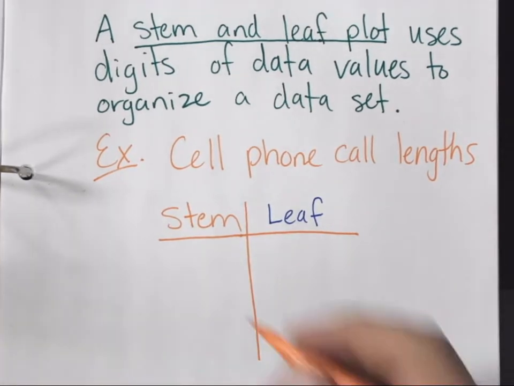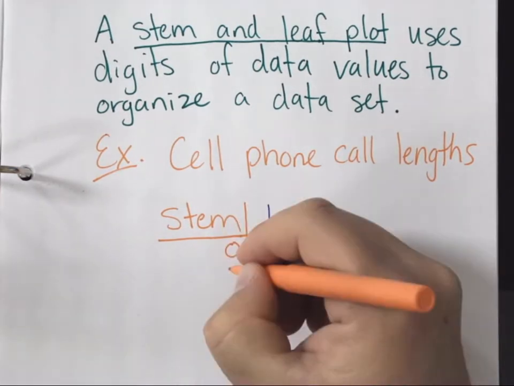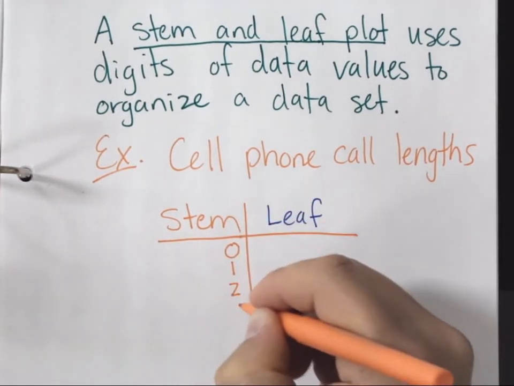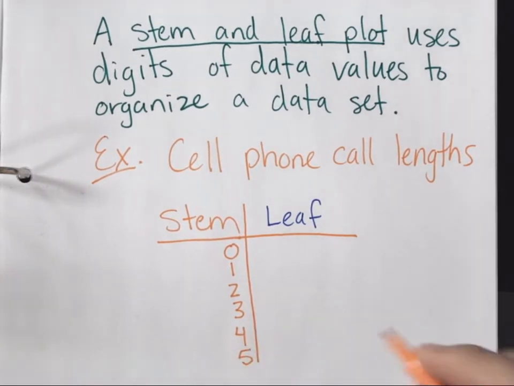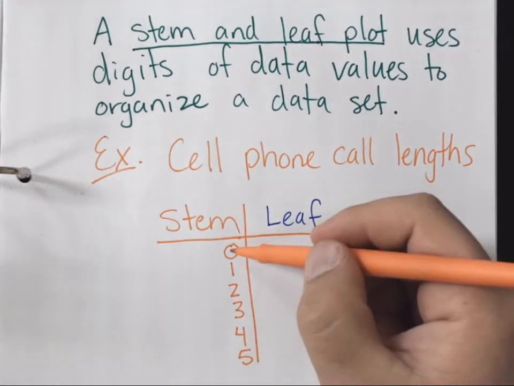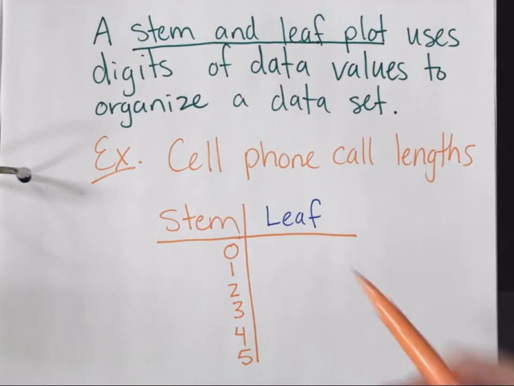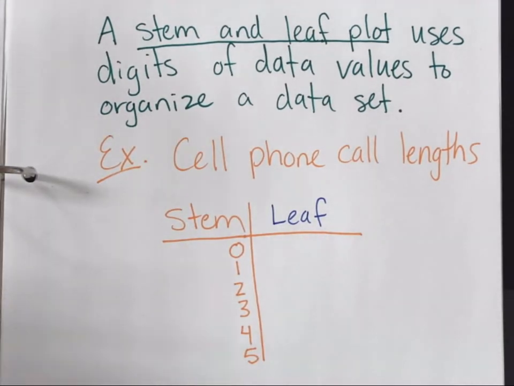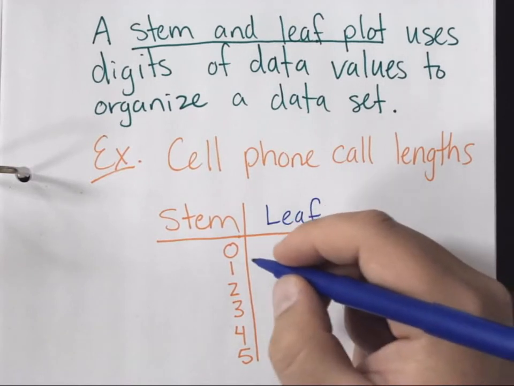So we could have 0, 1, 2, 3, 4, 5. All of these right here represent our first digit of a value. The numbers that follow on the other side are going to be the digits that follow.